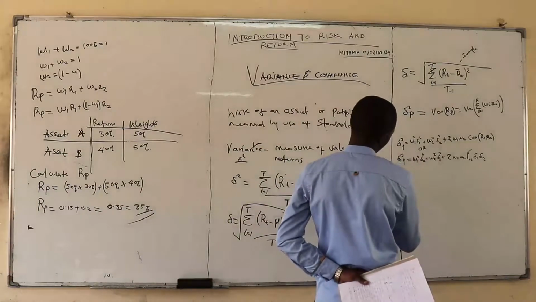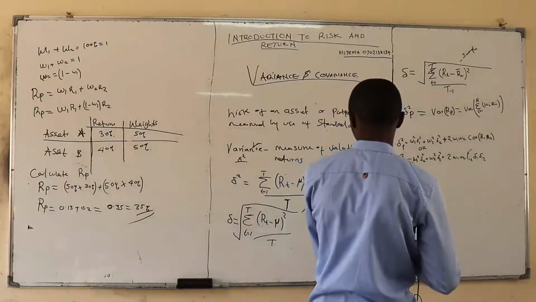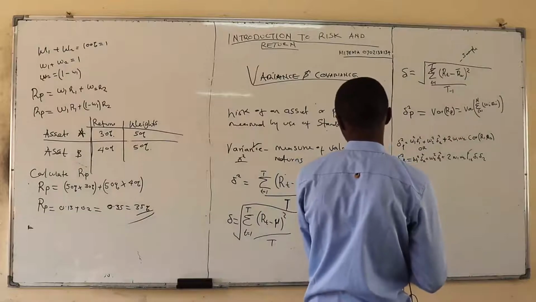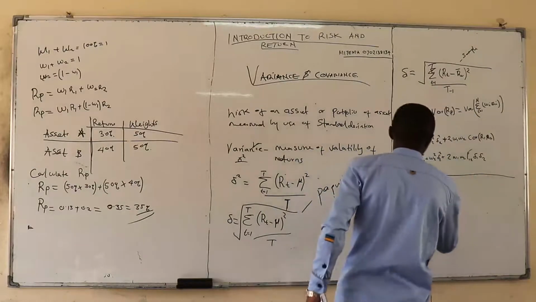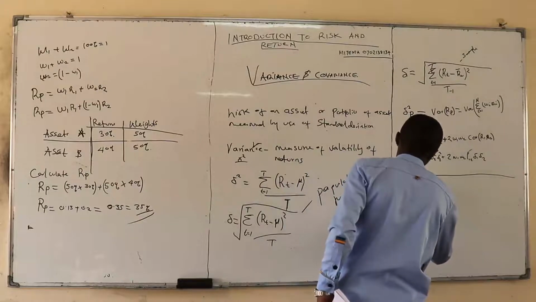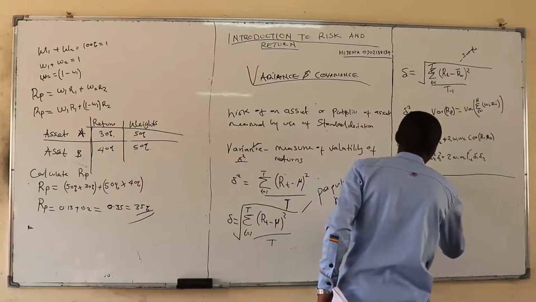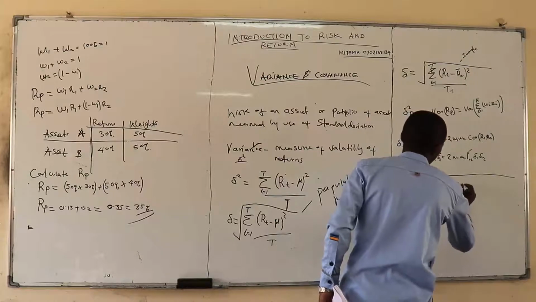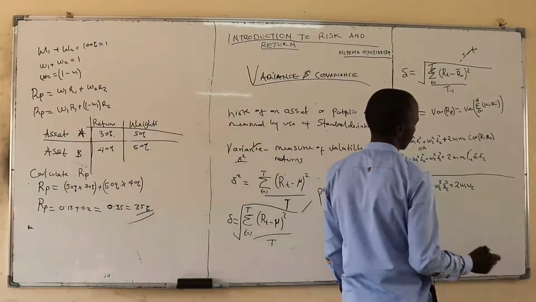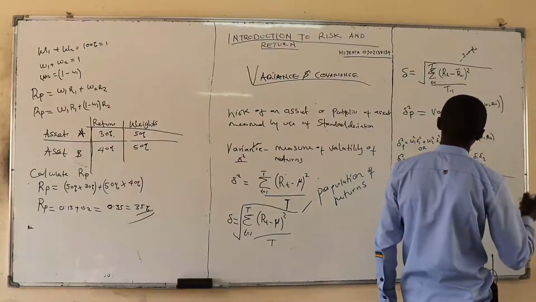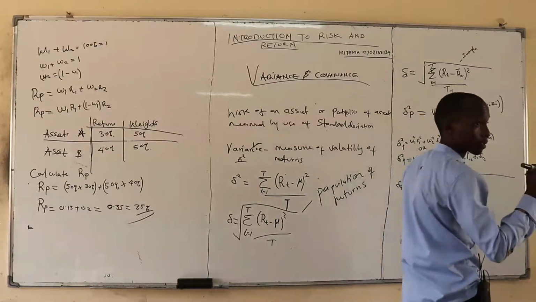When you find the square root, it equals the square root of the first expression, which is W1 squared sigma 1 squared plus W2 squared sigma 2 squared plus 2 W1 W2, where W represents weight and sigma represents the risk or the standard deviation of the first and second assets respectively.